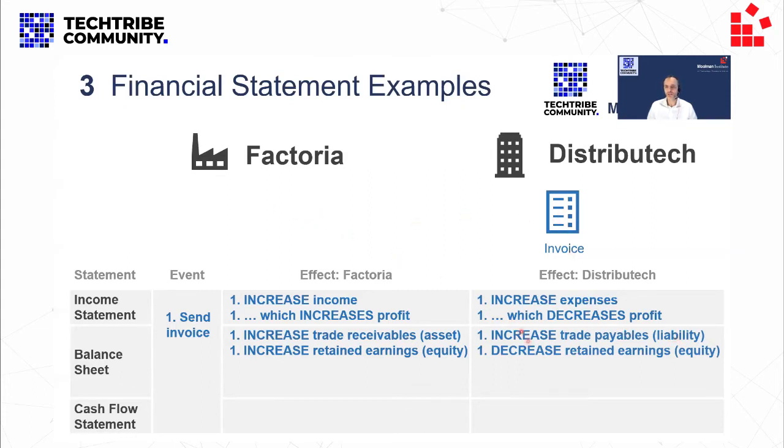Distributech owes this money to Factoria, and they decrease their retained earnings, which is equity, because that decrease in profit erodes the equity of that company. So you have an increase in liability and a decrease in equity, both on the right-hand side of that equation. So assets equal equity plus liabilities, you have an increase in liability and a decrease in equity, so it all balances out. So your balance sheet still balances.